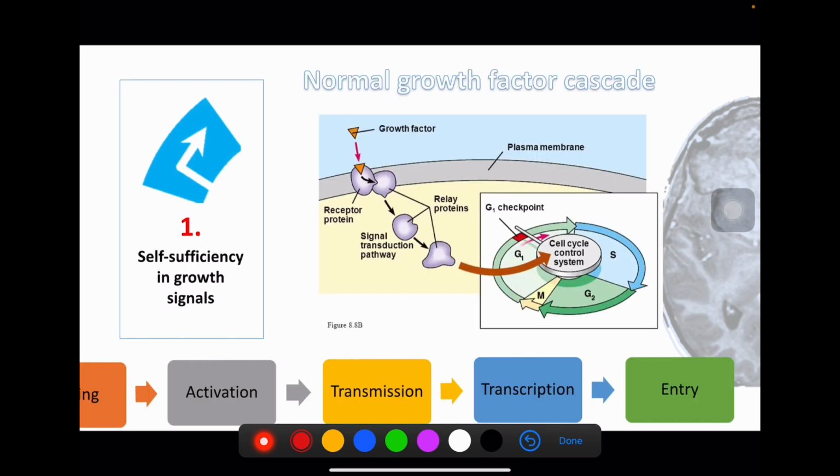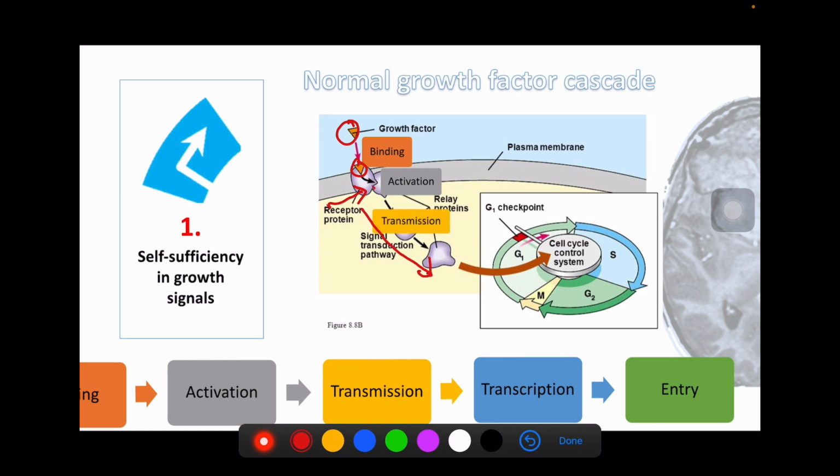Okay, now in the normal growth of cells, growth factor is very important. Basically, there are five processes involved. Number 1 is binding: the growth factor binds to the receptor. Number 2 is activation of the growth factor receptor. Number 3 is signal transduction.